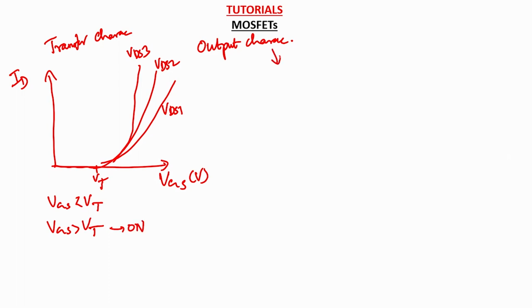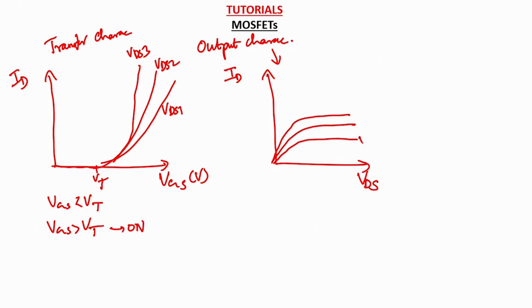And the output characteristics look something like this, where it is nothing but the plot of the drain current versus drain to source voltage for different VGS values.